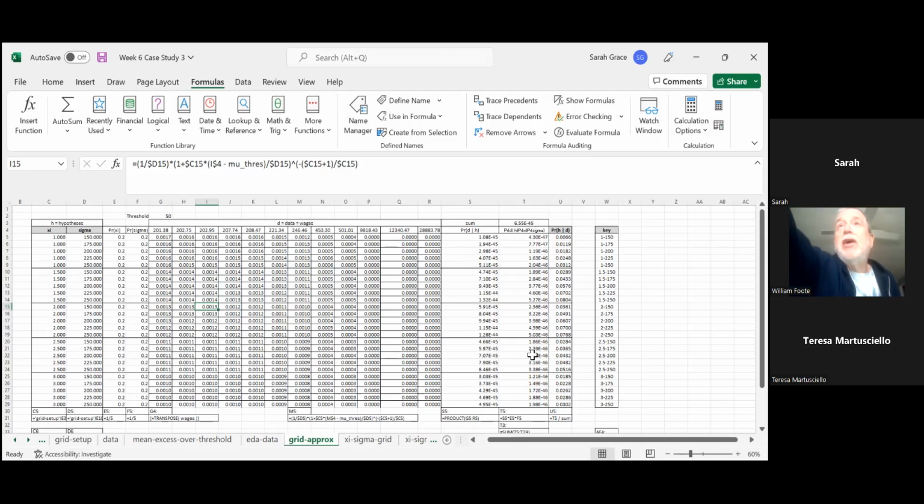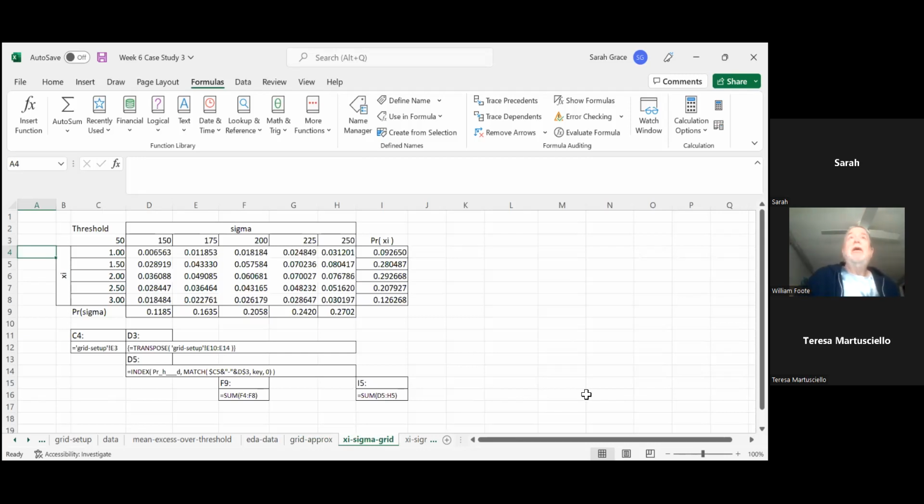If you go to the sigma grid there, please, Sarah, we would build grids like this, maybe more detailed, and produce pretty pictures. Pretty is a technical term.